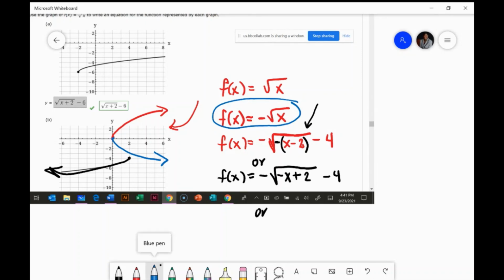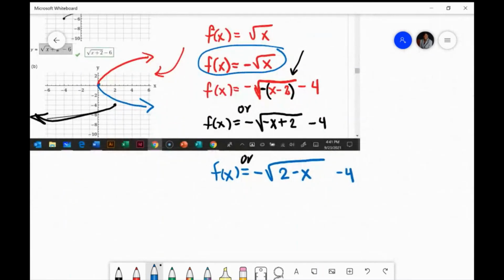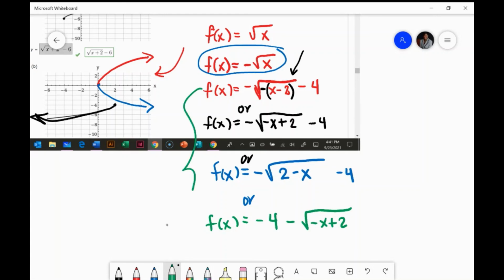Or here's another way you might see it written, just in case they flip things around. Negative square root of 2 minus x. Isn't that the same thing too? All these mean the same thing. You may see them write it like this. f of x equals negative 4 minus square root of one of those. So if you see any of these, they all mean the same thing. I just flip things around. And I want you to be familiar with, if they flip it around, what it really means.